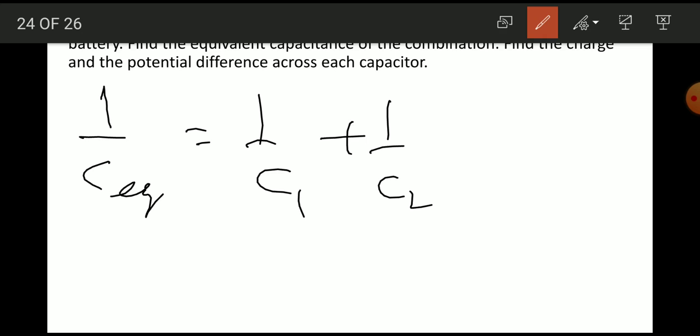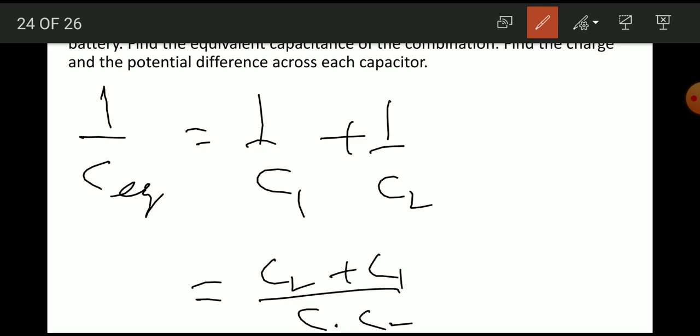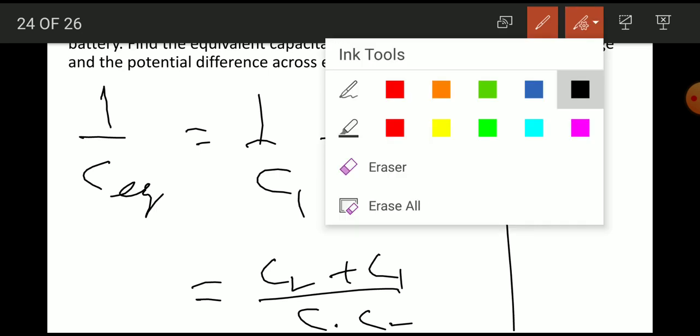We will take LCM, and C1 C2 will be the LCM, C2 plus C1. So do the simplification. Now you are in class 10, so you can do it.